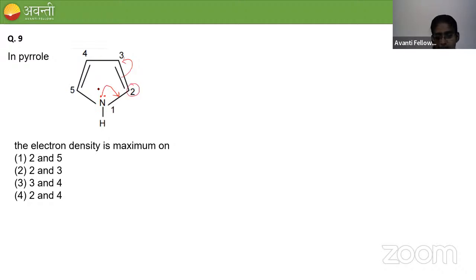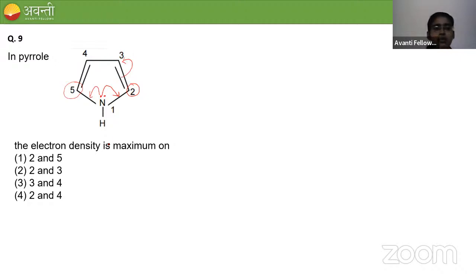Likewise, in the same way, nitrogen lone pair can shift this side also. That time what happens? The electron density on carbon 5 also increases. So basically, the electron density is maximum on carbon number 2 and carbon number 5. Okay, and 3 and 4, they are very far away from the nitrogen, so the electron density will not be more on those 2 atoms.